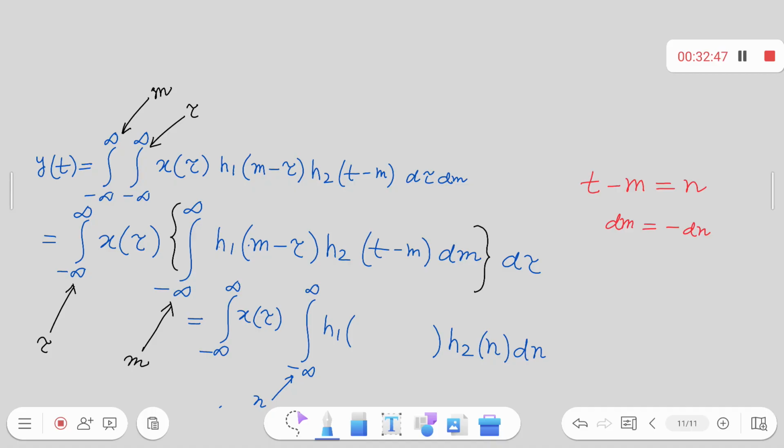So what will be m minus tau then? m is equal to t minus n. So t minus n minus tau. And then you have d tau there.